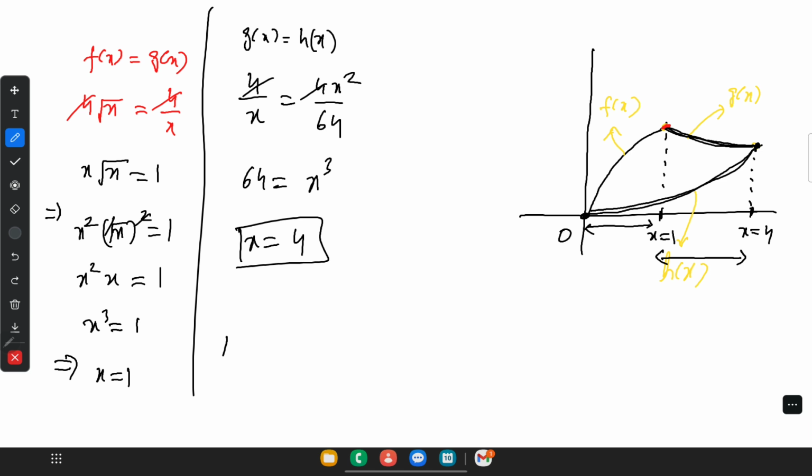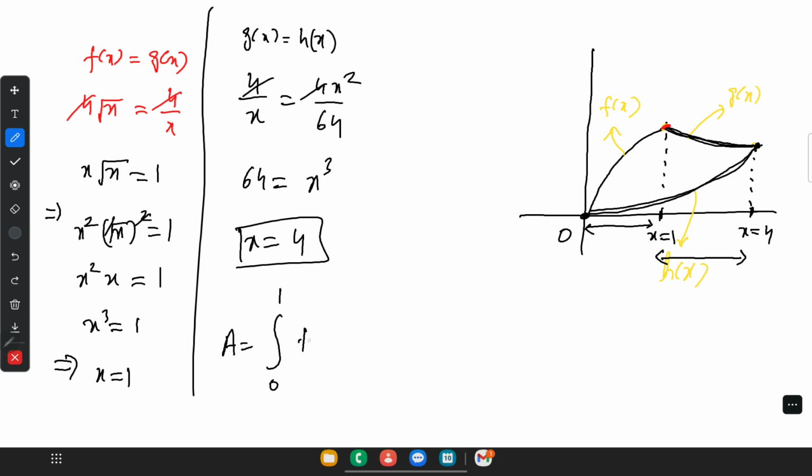So the area of the region bounded by this region is, first from 0 to 1. In the region 0 to 1, upper curve is f of x and lower curve is h of x.